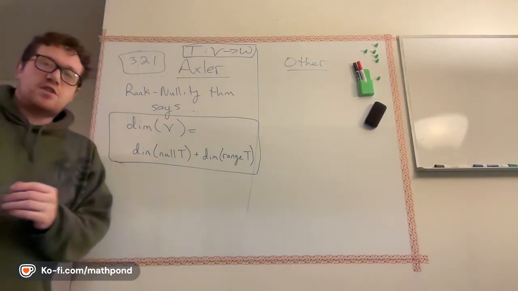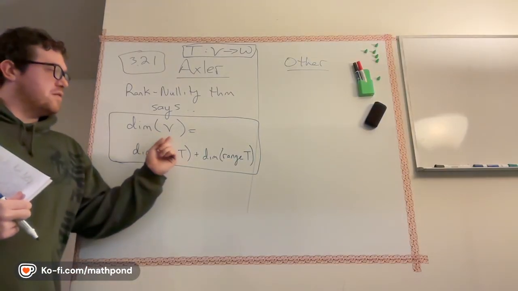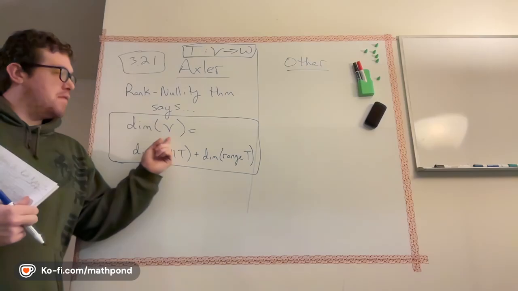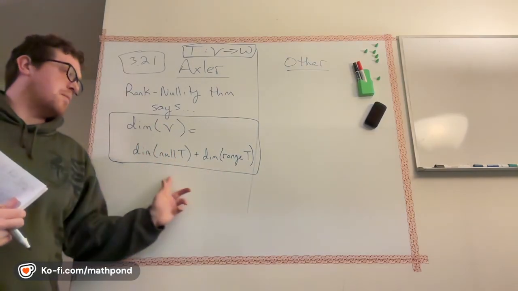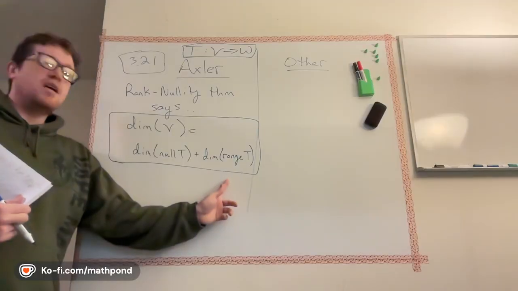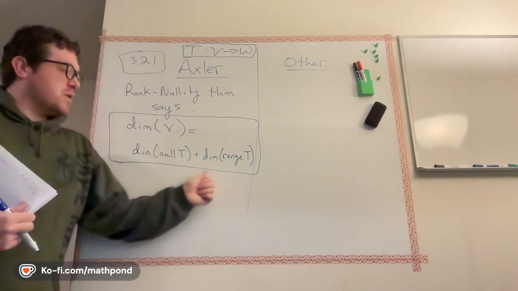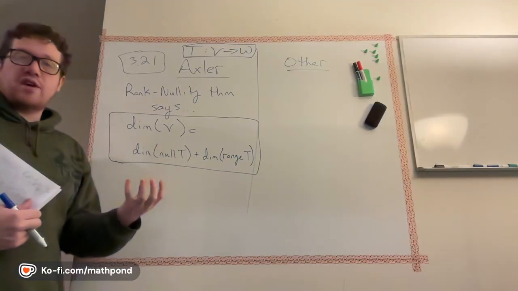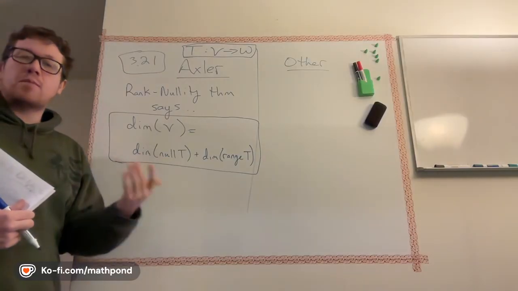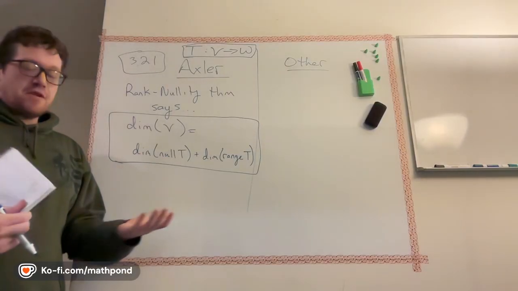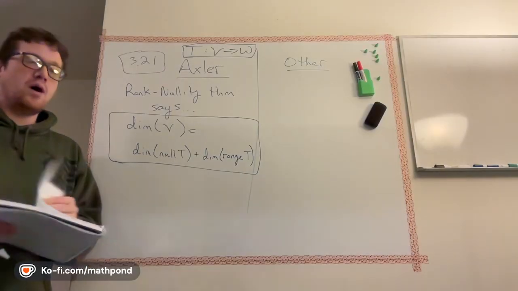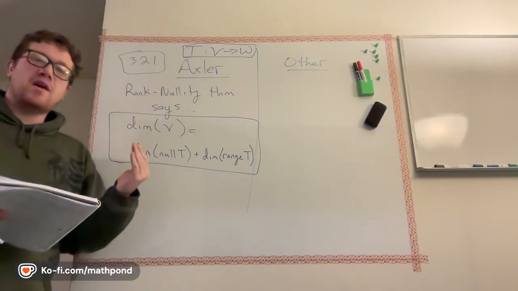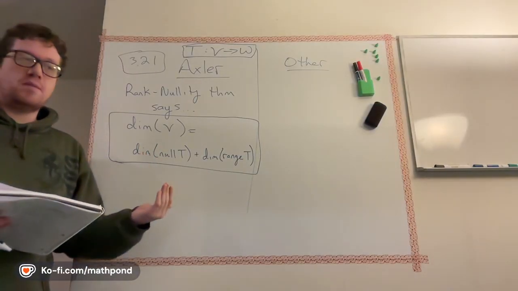So basically, it's just comparing the size of the domain, which is some integer, and it says it splits as the sum of the dimensions of these two individual spaces, and this really restricts what types of linear maps are possible. For instance, in a couple seconds we'll show a couple things about injectivity and surjectivity between spaces.